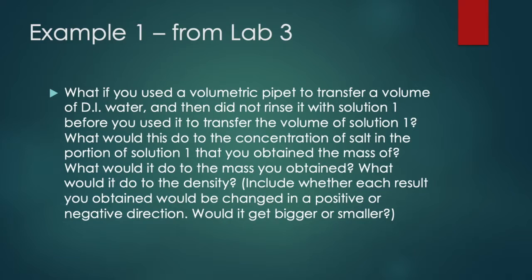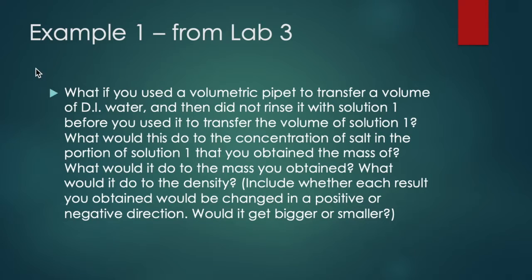So here's an example from Lab 3, if you're doing the labs in the Chem 101 the way that I have them numbered. This is a lab where we're measuring the density of different salt solutions, sodium chloride solutions, that we made up in lab. And at the end of that lab, I ask you to consider a certain scenario.